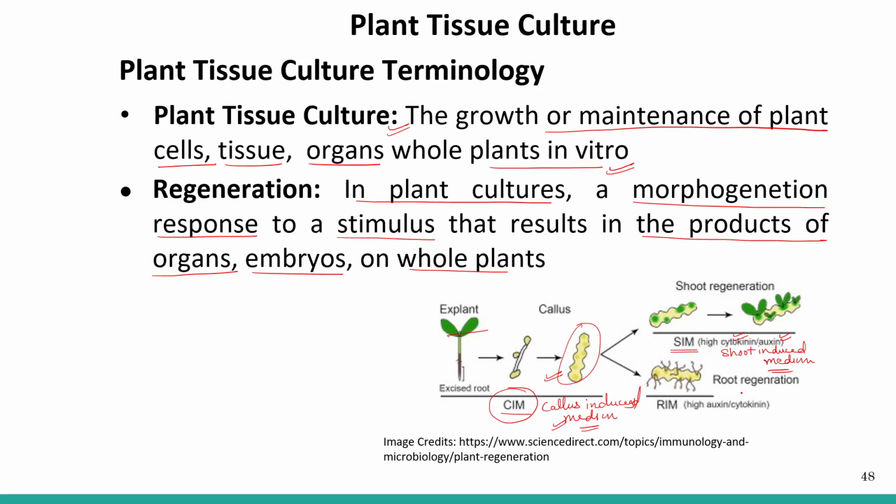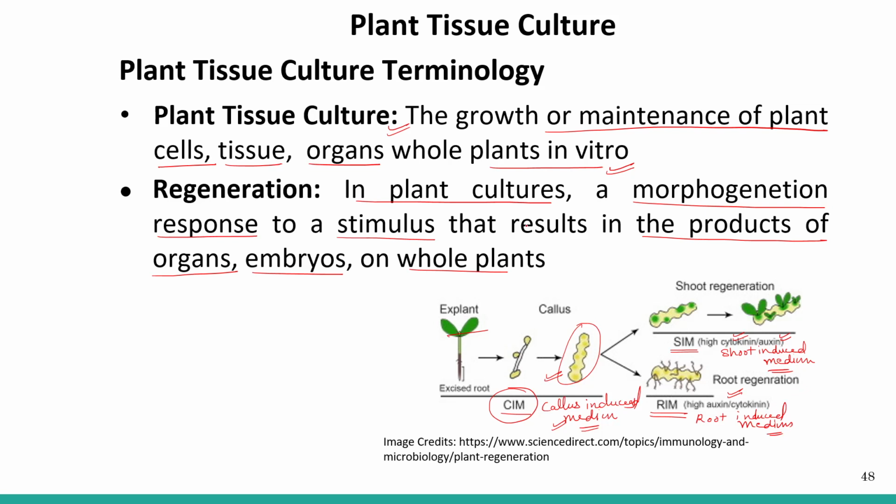And when we want root regeneration, then we require a root-induced medium that has higher auxin and cytokinin hormones.